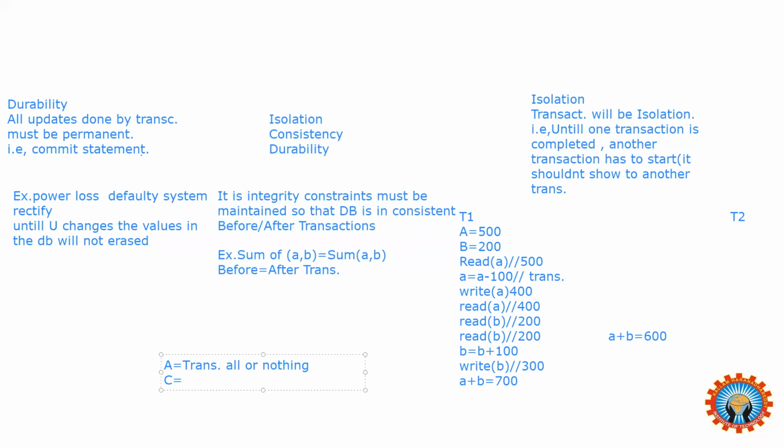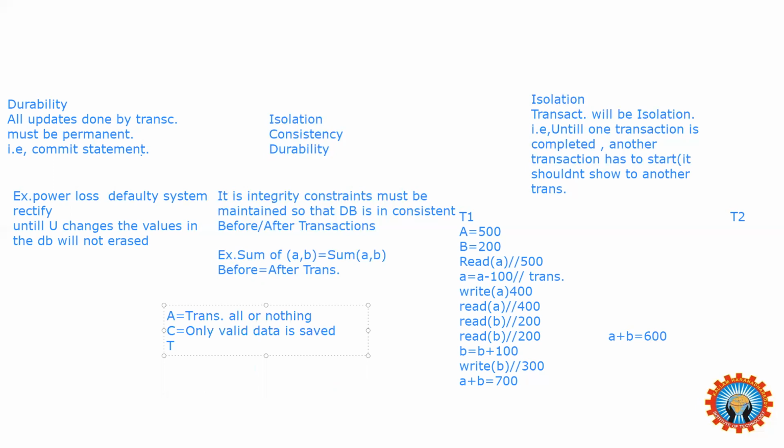Consistency means only valid data is saved. Valid means the sum of A and B is equal before and after the transaction. This is called consistency.